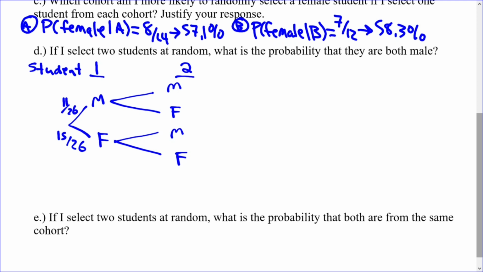Now let's consider the first option. So we're going to go along the first branch that we see here. What is the probability of being male in the second case if the first student was already male? So we've already chosen one student, so we're not choosing out of 26 students anymore. We're choosing out of 25. Let's get in the correct pen mode here.